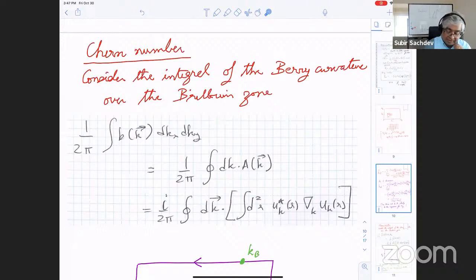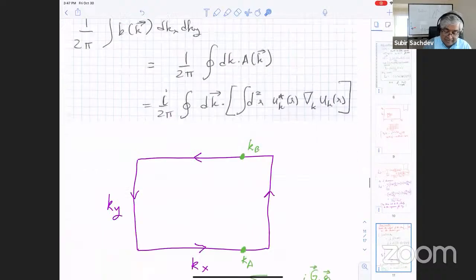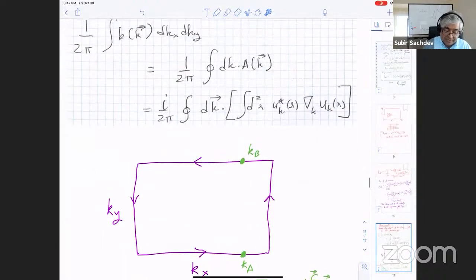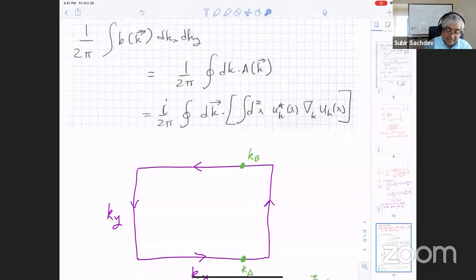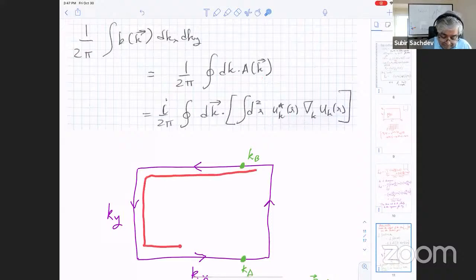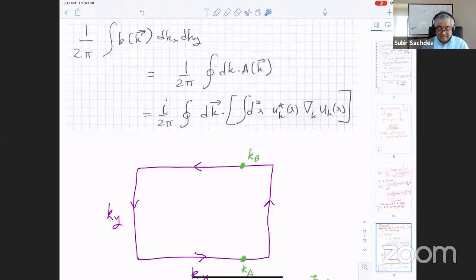Okay, so what is this integral? So here's our Brillouin zone again, and I want to take the integral of the Berry curvature, which is some function of kx and ky, over the entire torus. So by Stokes' theorem, that's the line integral of the Berry connection on the boundary of the torus. Here I'm taking the torus to be just exactly this strip here, from 0 to 2 pi.